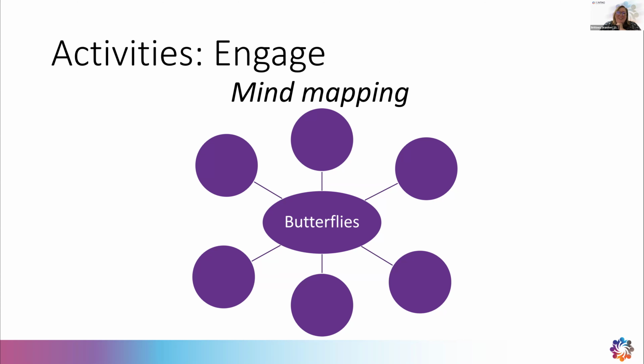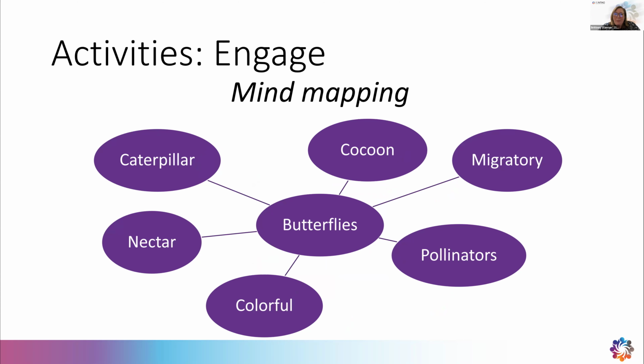Now that we've had some time to fill out your mind map, drop in the chat: what did you put in your mind map? Meanwhile, we'll show you what we put together for today. Our mind map includes caterpillars, cocoons, migratory, right? Because monarch butterflies, and there are other butterflies that are migratory, pollinators, colorful, nectar.